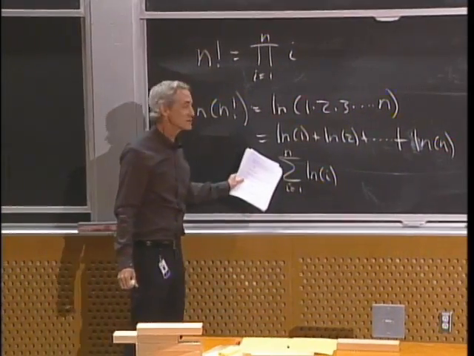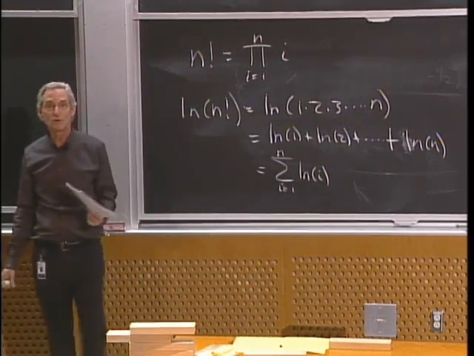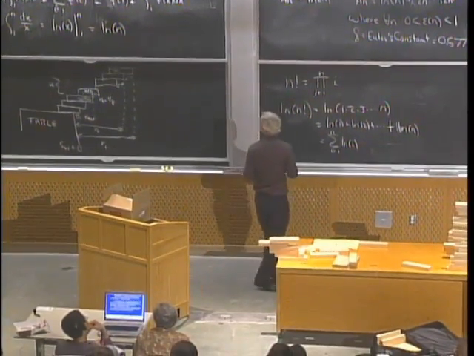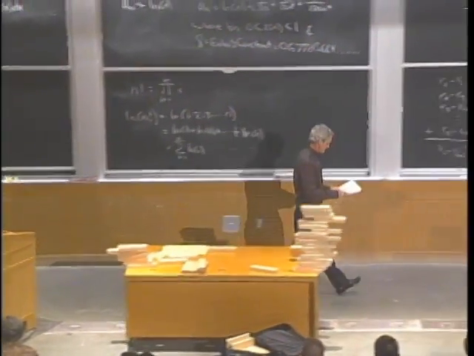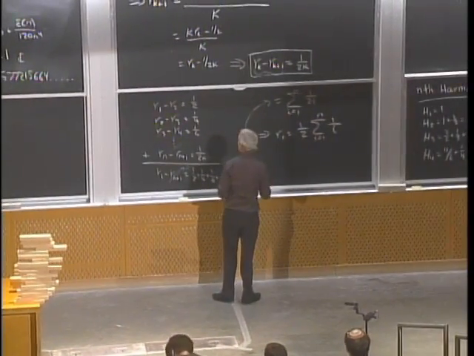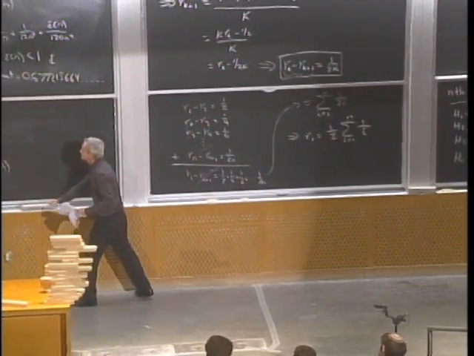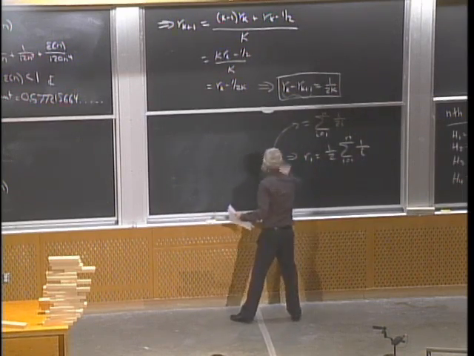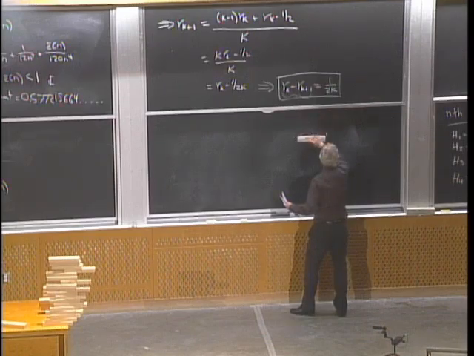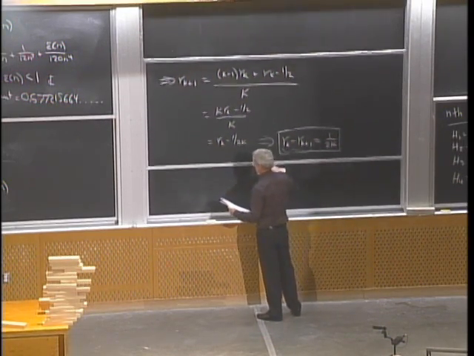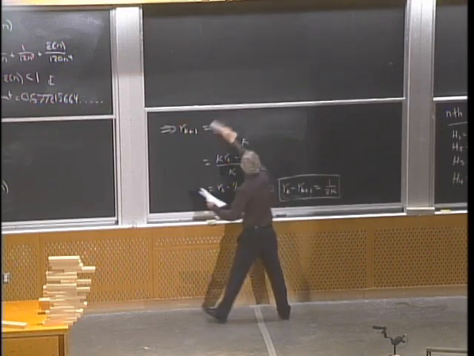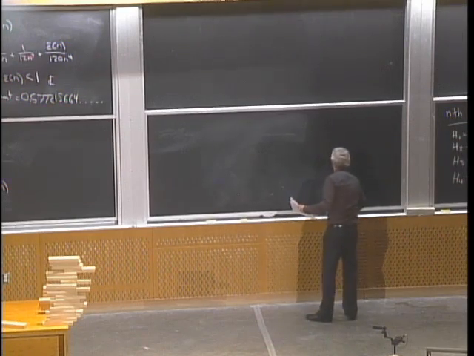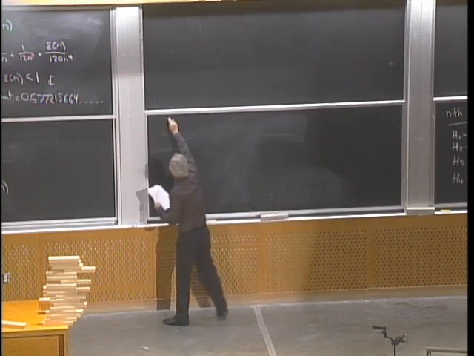Turns out nobody knows a closed form, but we do know a method that approximates it very well, which is the integration bounds. Only in this case, it's an increasing function. So let's do that.